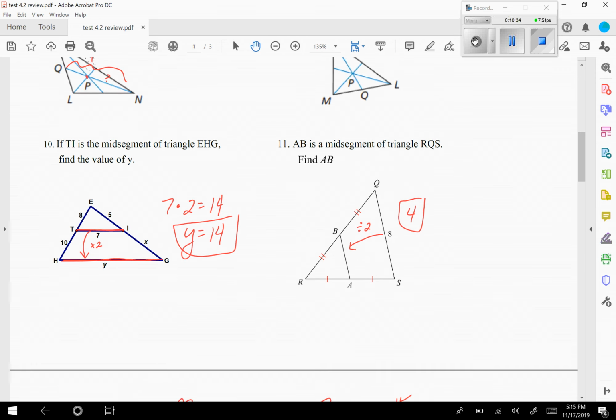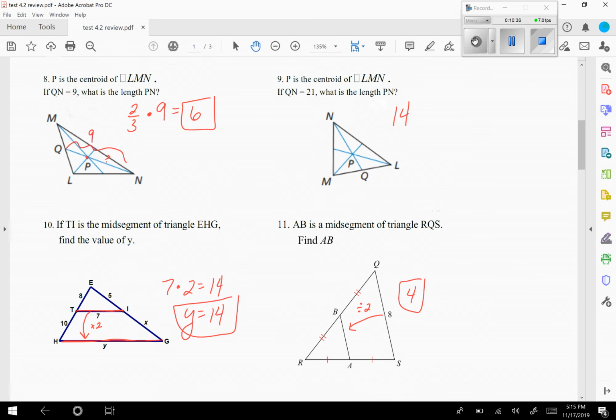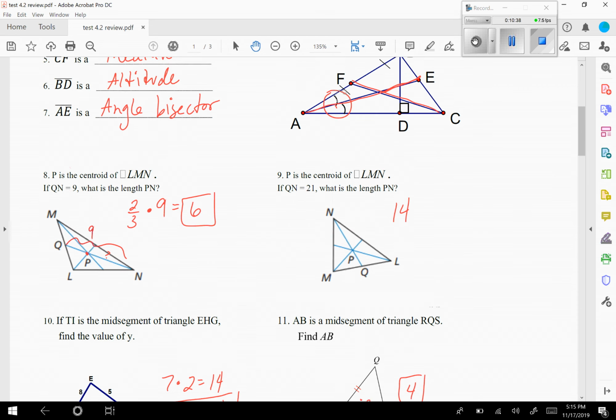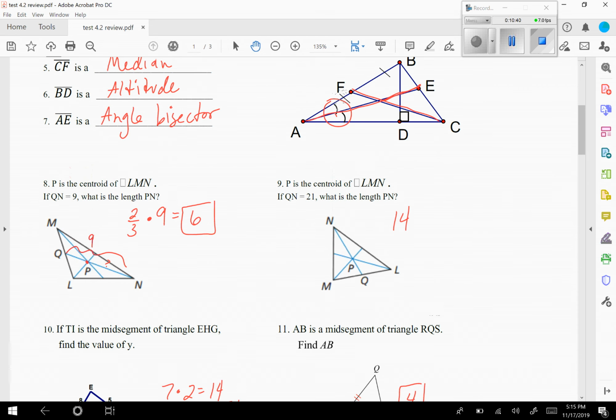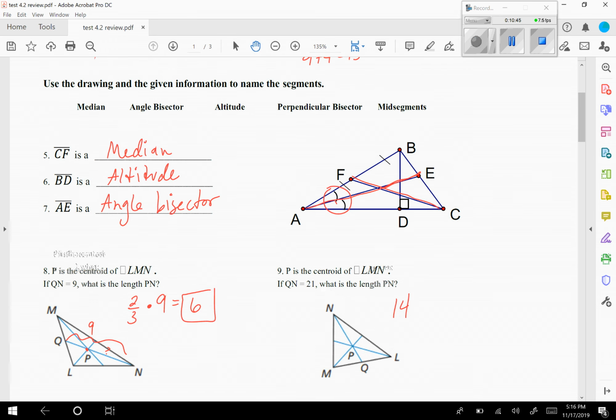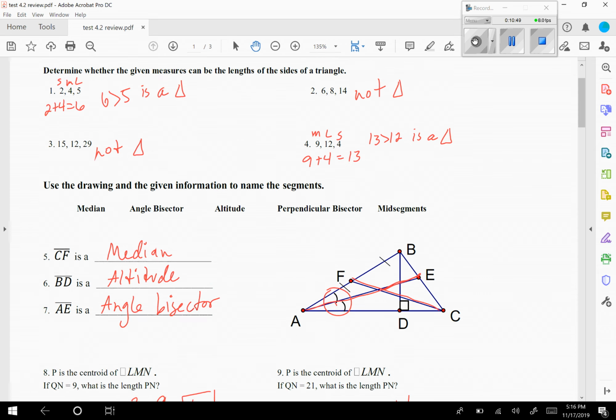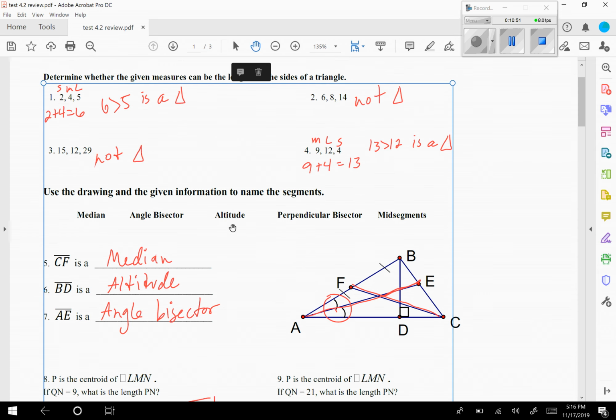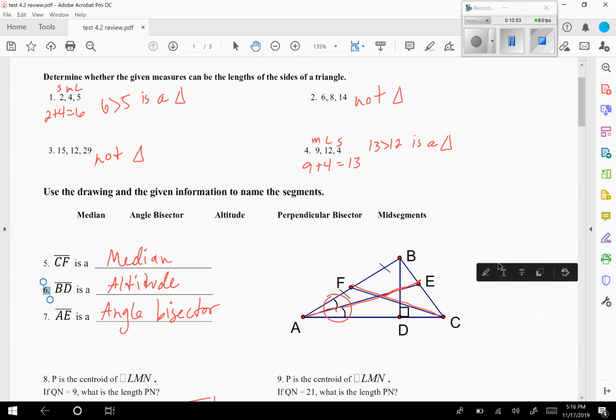Number 11, you should find that AB is 4. Number 9, we have that PN is 14. Number 6, it was the altitude. And then number 2 and number 3, they're both not triangles.